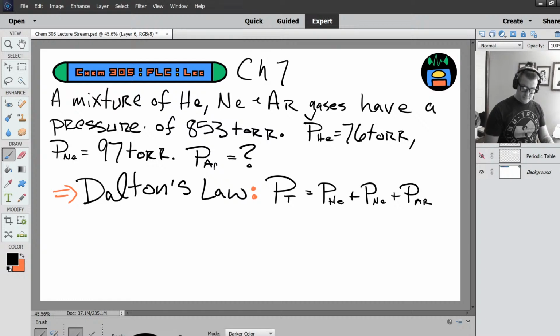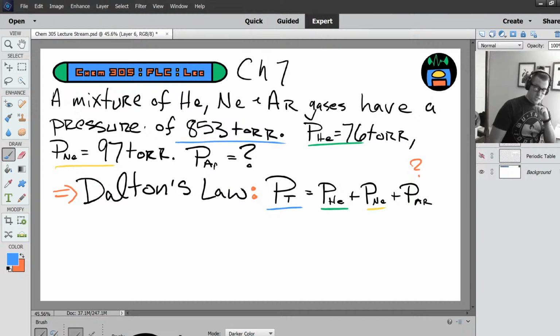You'll notice that we're given the partial pressure of helium and we're given the partial pressure of neon. We're asked to find the partial pressure of argon, and the one last thing we're given is the total pressure of the mixture.